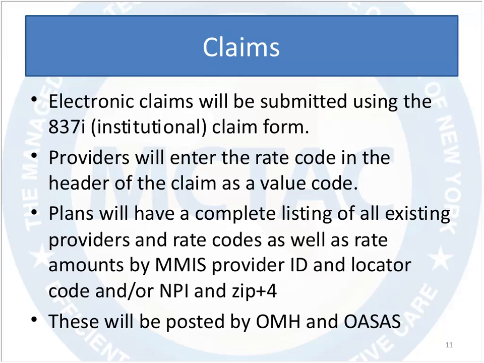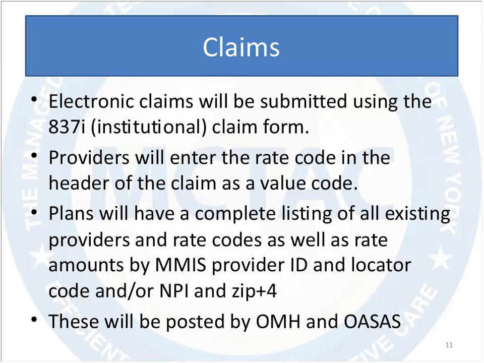So, you'll be entering the rate code in the header of the claim as a value code. Plans will have a complete listing of all the existing providers and rate codes as well as rate amounts by their MMIS provider ID and locator code and/or their NPI and zip plus 4 digit. Again, when we get to resources later in the presentation, I'll be showing you where you can go and look for that file.